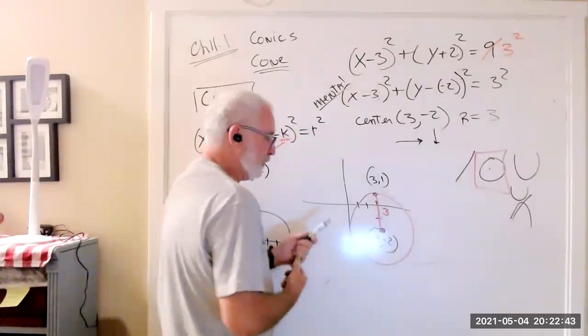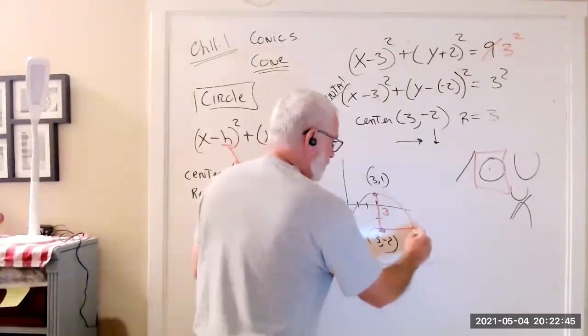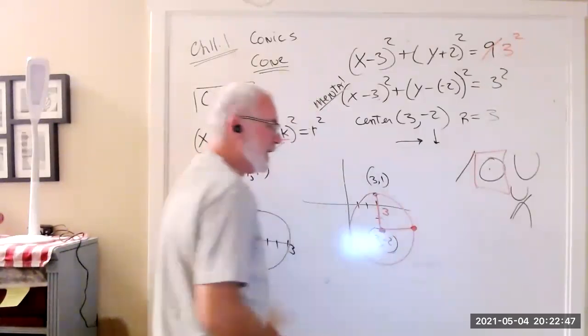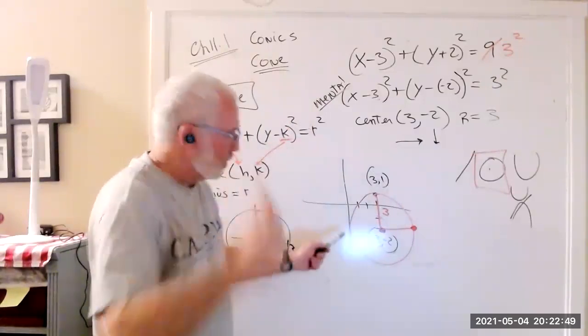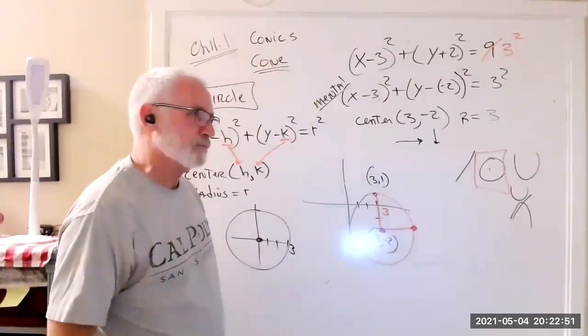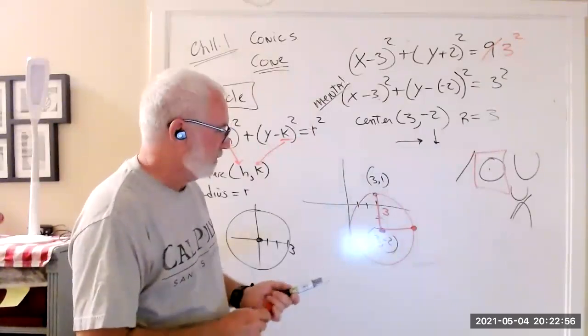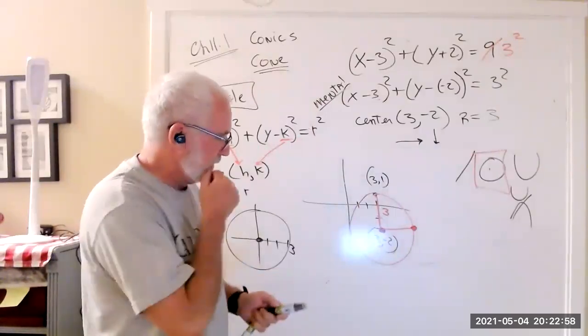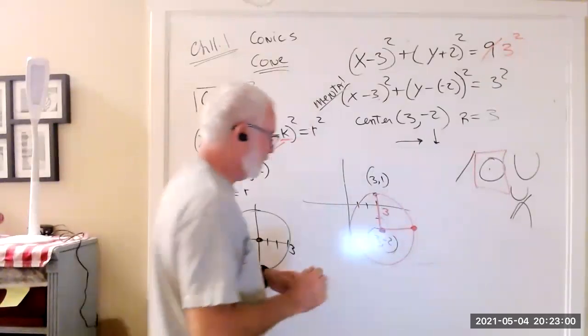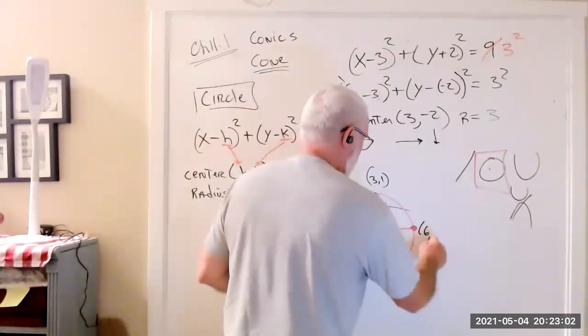Now, just for fun, what if you wanted it to go through that point? What if you pick that point instead? What is that point? 6, -2.